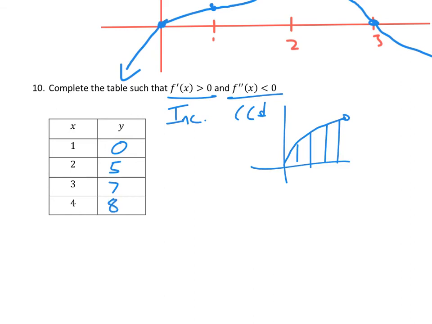Let's call that 8. So the first derivative tells us that we're increasing, but the second derivative says we're increasing by not quite as much. 5 is our big first jump, and then we only jump by 2, and then we only jump by 1. You could pick any numbers you want, but the difference between them has to be shrinking. That's because the second derivative is less than 0. We're kind of decelerating here.